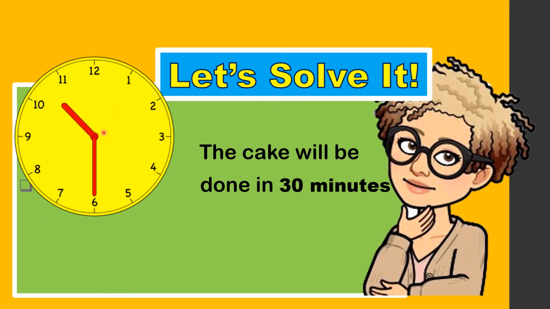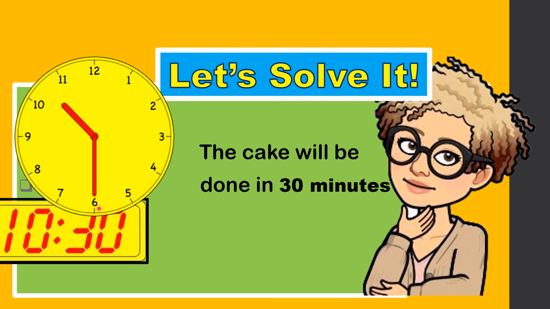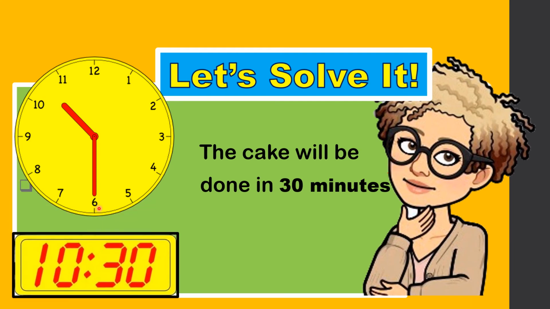That means that it's saying 30. The shorthand has passed the number 10. So that means 10:30. Let's check it. If you agreed with me that it is 10:30, you are one smart cookie, and you are absolutely right.